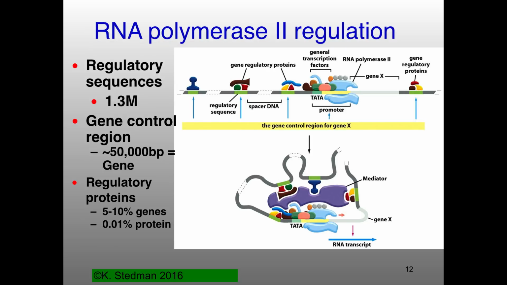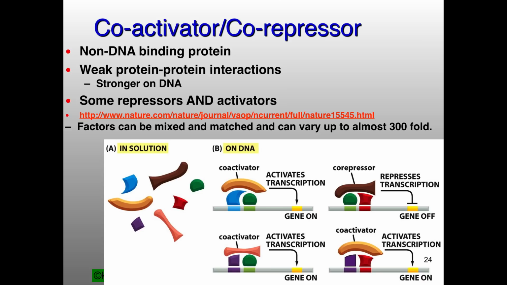One of the other much more, I don't know what the right adjective for this is, complicating factors in terms of eukaryotic transcriptional regulation is that not all of the proteins that regulate transcription interact directly with the DNA. Many of them interact indirectly with the DNA. Those are our co-activators or co-repressors.